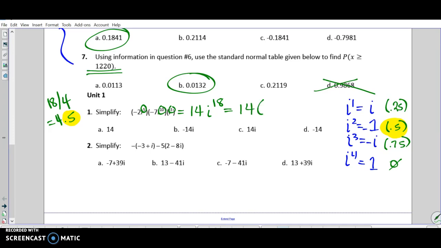So i to the 18th, when this cycle repeats back through, will go back to -1. 14 times -1 would give you -14, which is D.